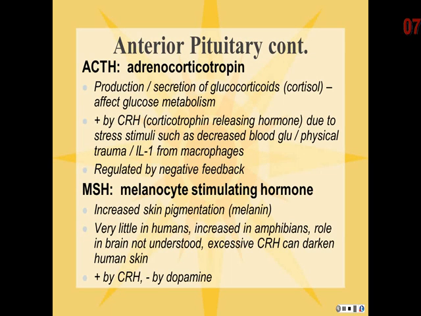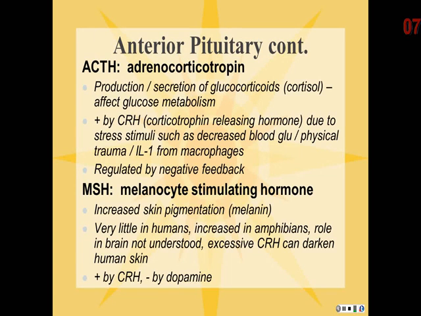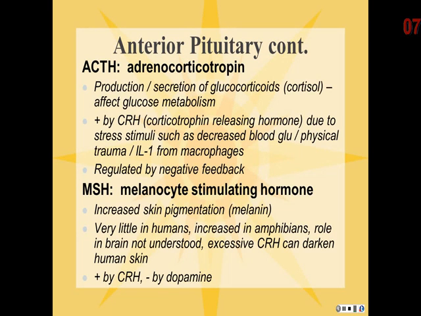ACTH, or adrenocorticotropin hormone, triggers the production and secretion of the glucocorticoids from the adrenal cortex in response to stress. The glucocorticoids help to regulate glucose metabolism. The production of ACTH is stimulated by CRH, or corticotropin-releasing hormone, from the hypothalamus.